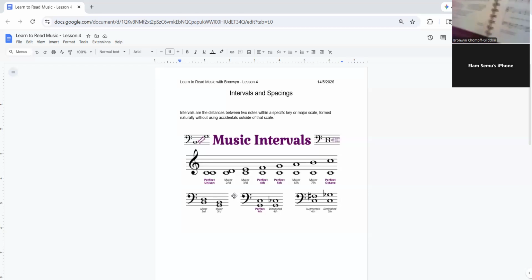So what does that look like in music? Well, remember how we had the lines and spaces? Let's see. All right, so I'm going to find a hymn that's in C major so that it makes it a little bit easier and we don't have to worry about sharps and flats, because that's next week's lesson.